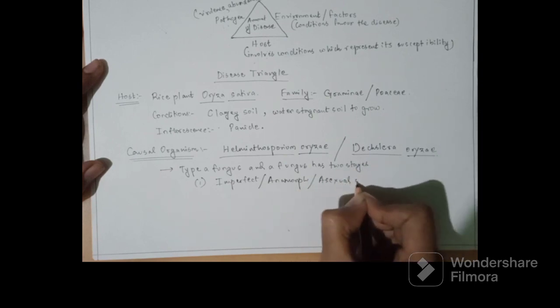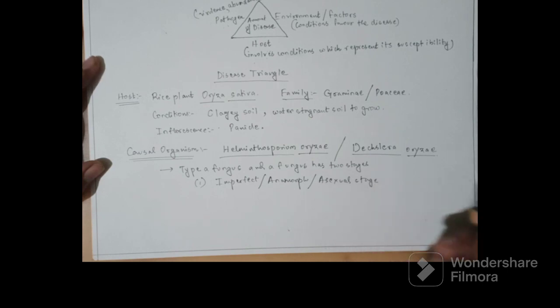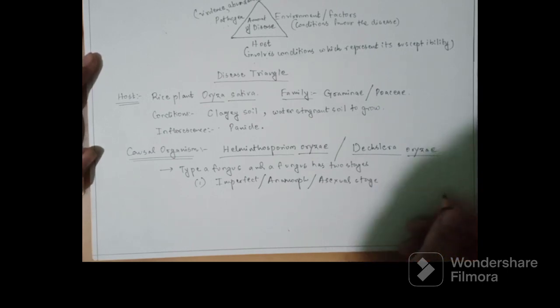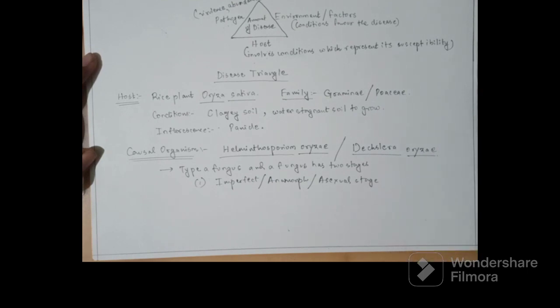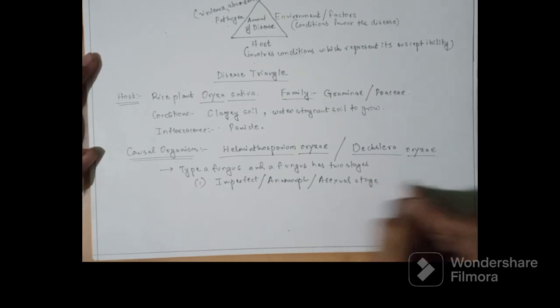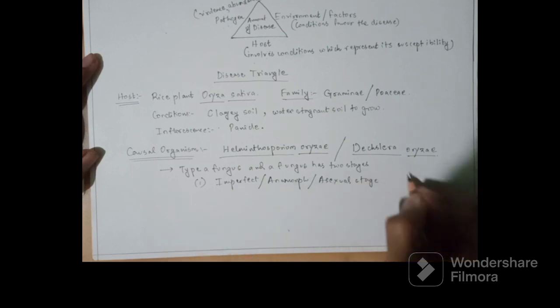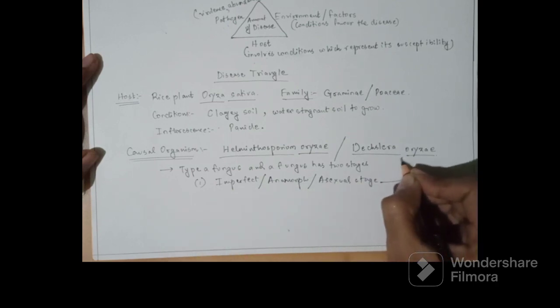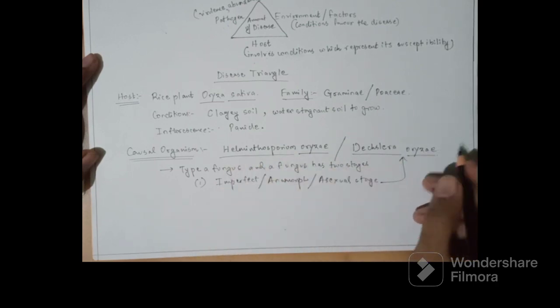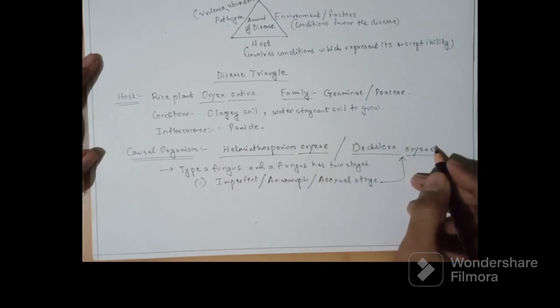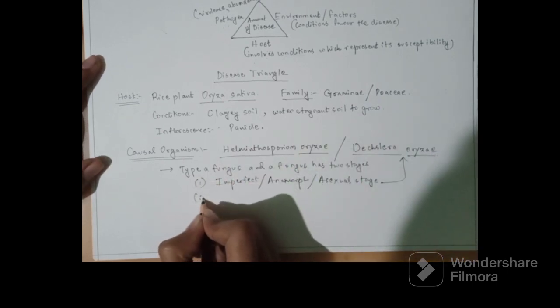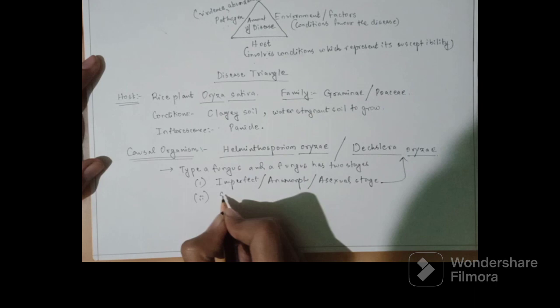A sexual stage refers to a stage which it adopts when the conditions are unfavorable for growth. The stage we know as Helminthosporium oryzae is the asexual stage of this pathogen.